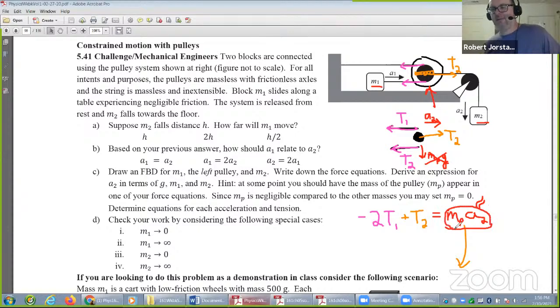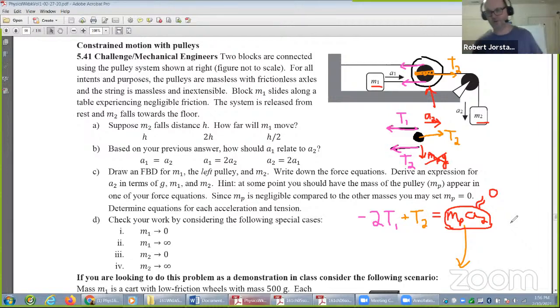The mass of the pulley is so small, no matter what acceleration you have, this is going to be approximately 0. A2 is definitely not 0. This thing is going to move. But the idea is the mass of the pulley is small. When you do M2G, it was small. Well, now I'm doing M2A. A is often smaller than G.